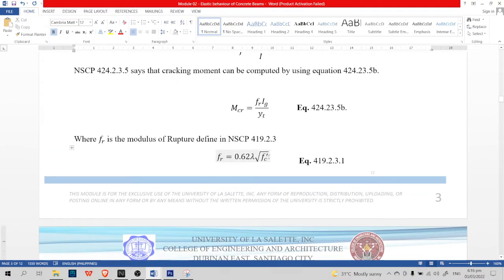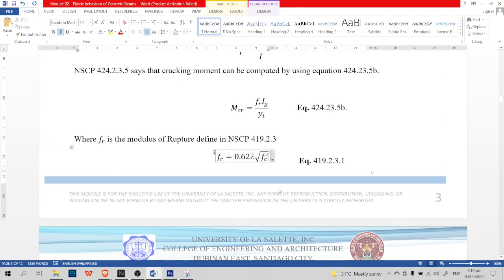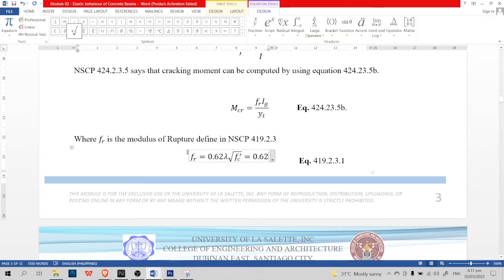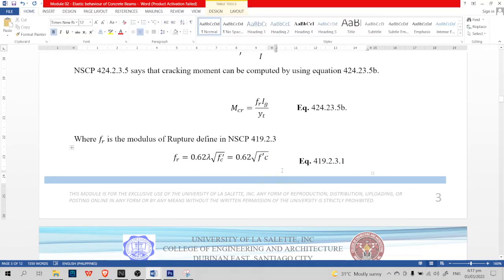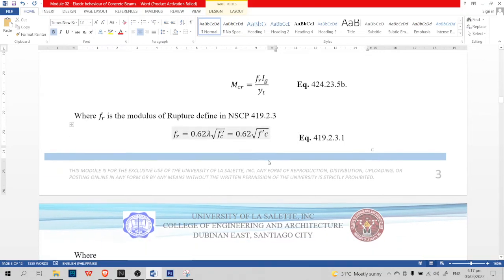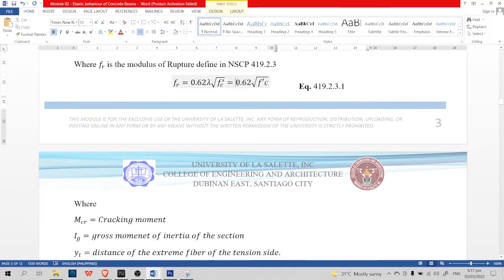Okay, so ang mangyayari diyan, magiging 0.62 square root of f prime c. So, yan yung magiging simplification factor, yung simplified form. So, ito yung susundin na. Okay?